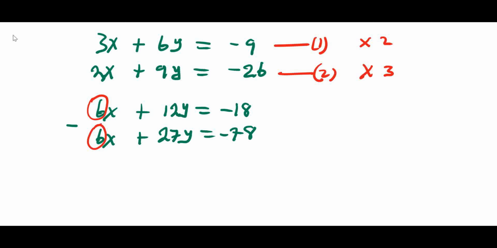That is the only way we can make them to be 0. So 6x minus 6x is 0. So we can now just simply cancel this from here. Then 12y minus 27y would give us -15y.